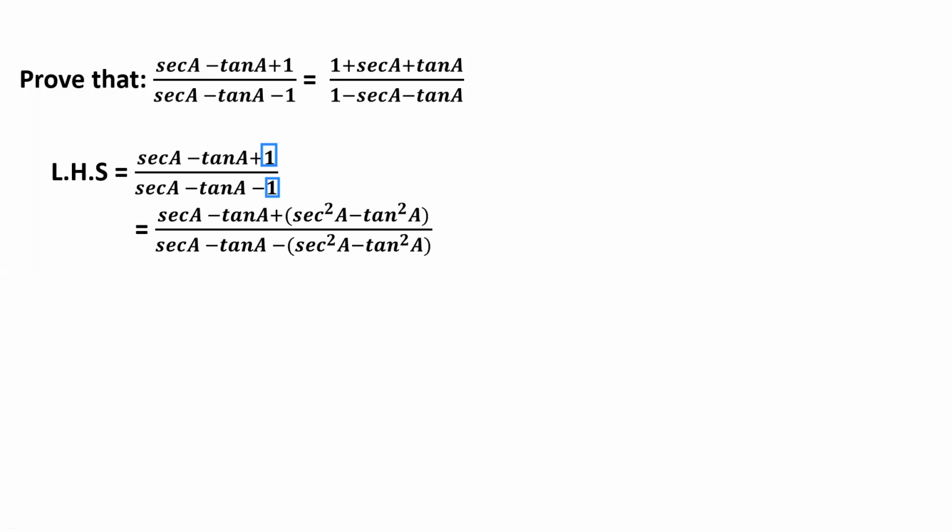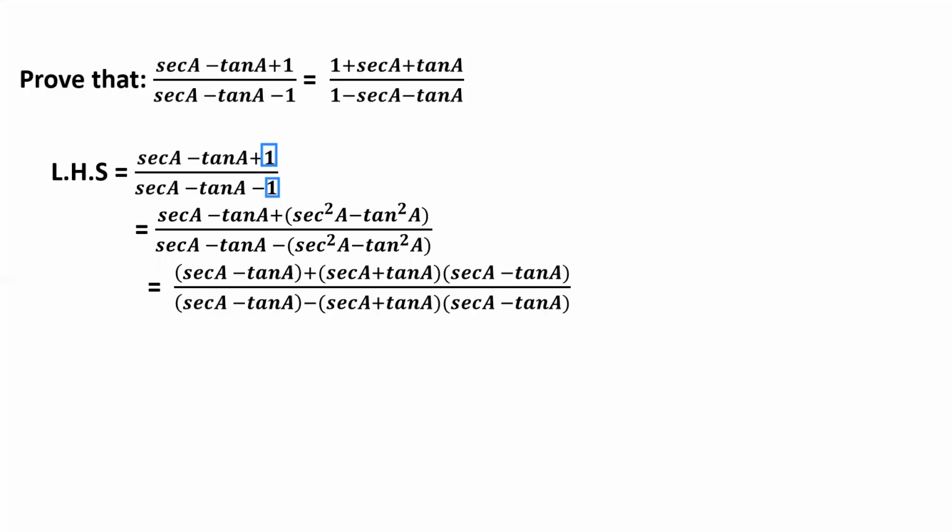Here a is sec A and b is tan A. So let's change it. Sec A minus tan A plus, remember, it is (a plus b)(a minus b), where a means sec A and b means tan A. So it is (sec A plus tan A)(sec A minus tan A). Denominator, I did the same here. Now once again, can you see closely here? What did you see here?